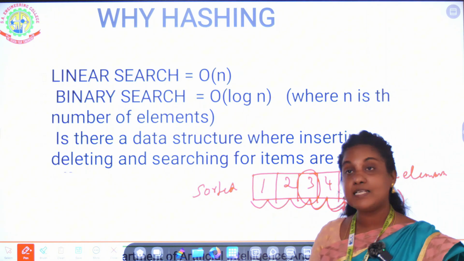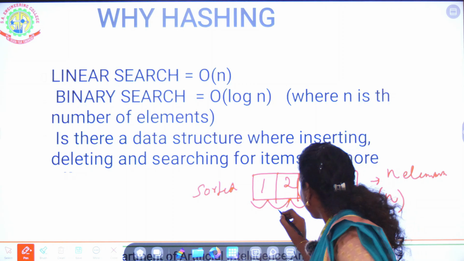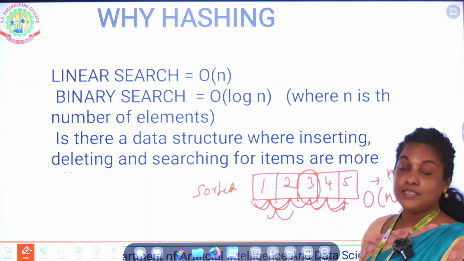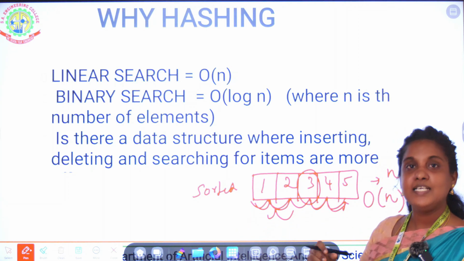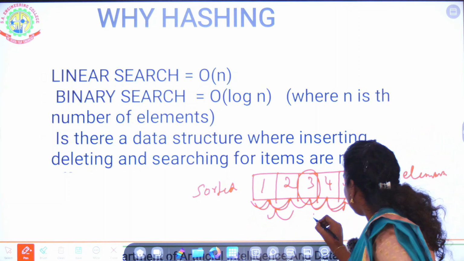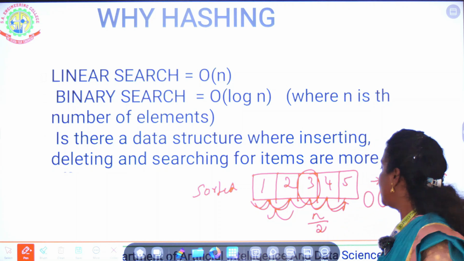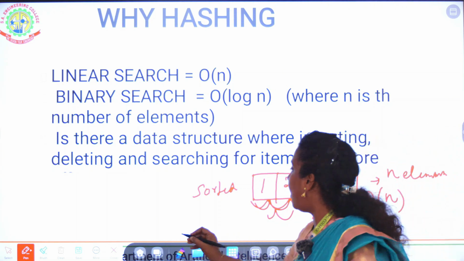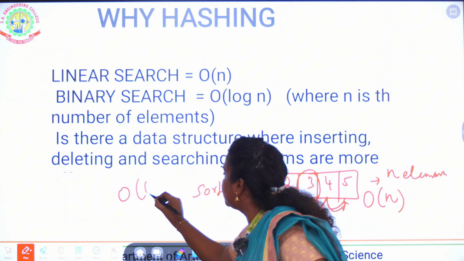If it is lesser than the middle element, it will search the left-hand side of the middle element. So here binary search reduces the searching time from n by 2, which in complexity terms is order of log n.